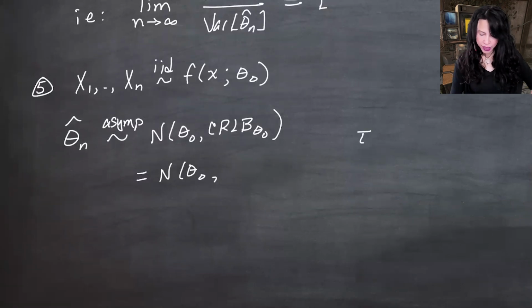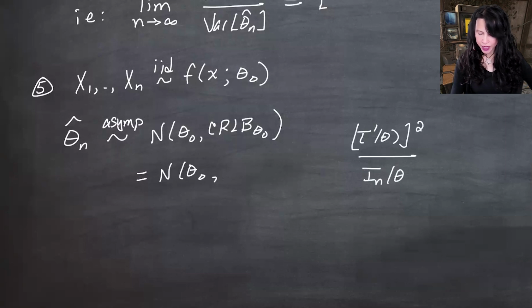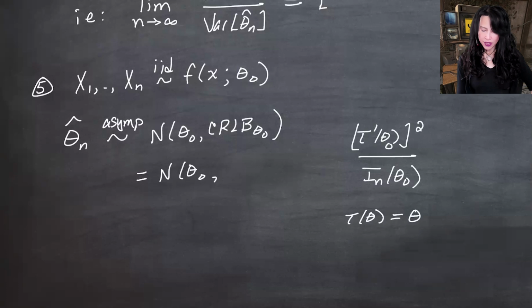This is supposed to be the derivative of tau of theta squared over the n-dimensional Fisher information, and I've got all theta naughts now. And our tau of theta is just a function, so I don't need to put a theta naught in there if I want to describe the function. It's just theta, which means that this derivative is going to be 1.